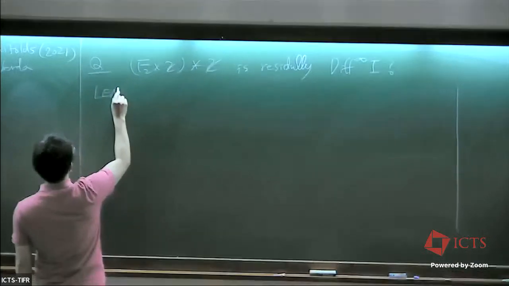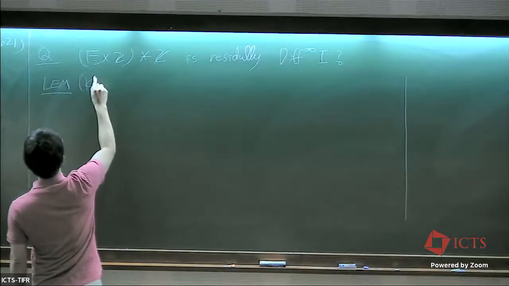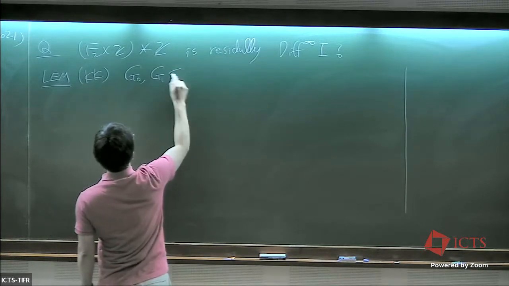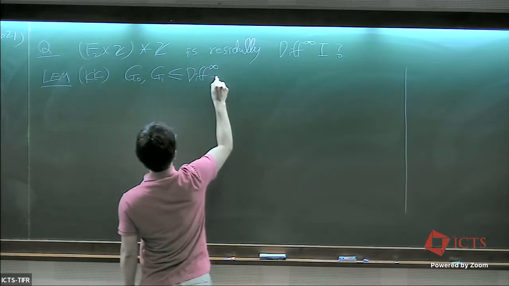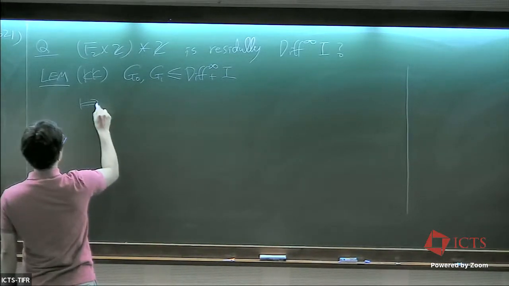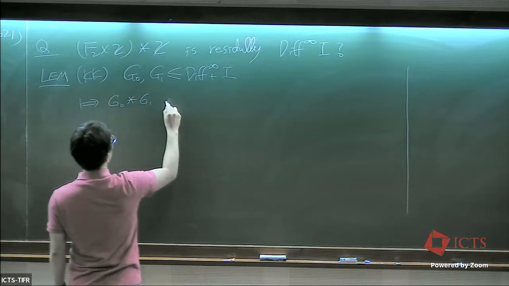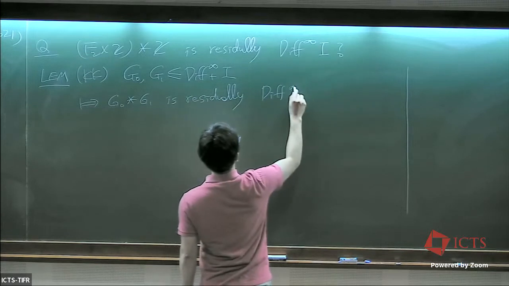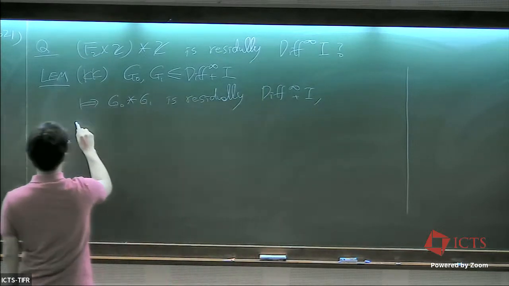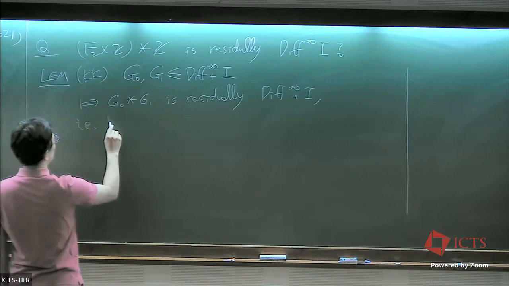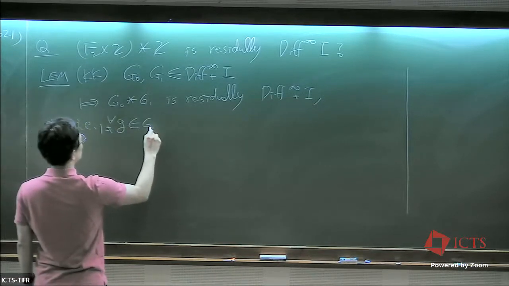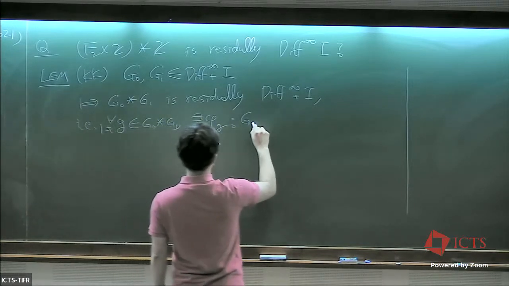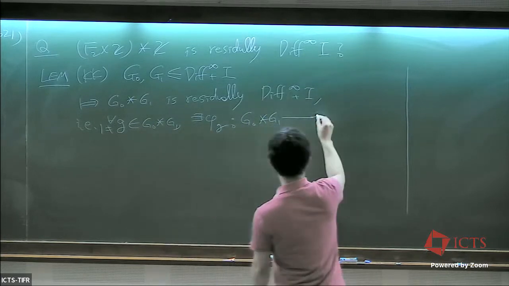There is a lemma which appears in that book, possibly known to experts before, that if G0 and G1 are C^∞ diffeomorphism groups of a compact interval, then the free product is residually Diff^∞(I). So just to rephrase, this means that for every non-trivial element in the free product, there exists a homomorphism under which g survives.